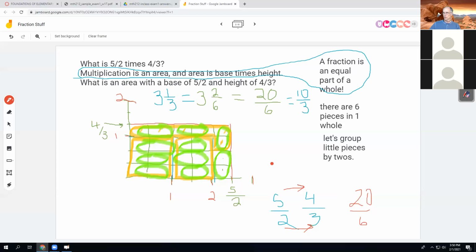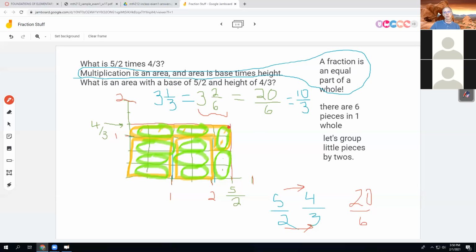Okay. Oh, what's up? So you would be okay with either this 3 and 2/6 or the 3 and 1/3, either answer? Yeah, so suppose this question were on a test, if you had stopped with the 3 and 2/6 or the 20/6, that'd be like 80, 90% correct. Because it can be taken just a little bit farther.